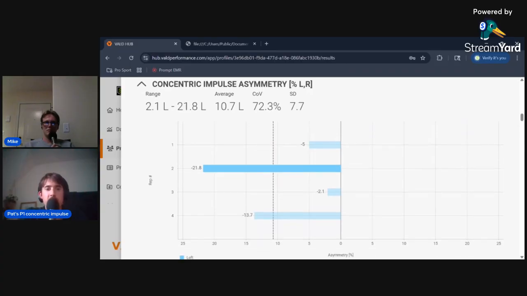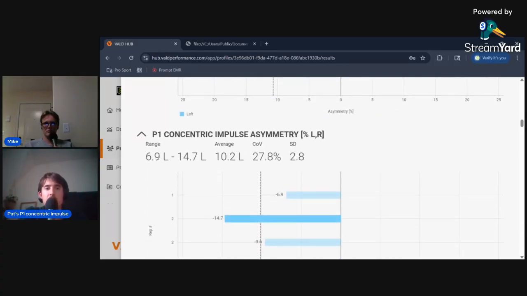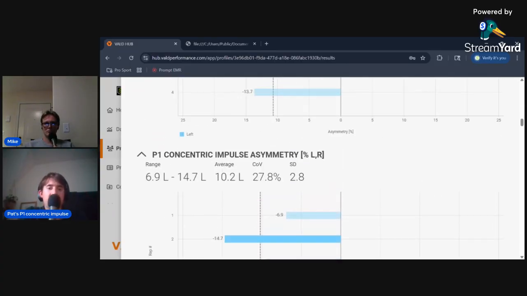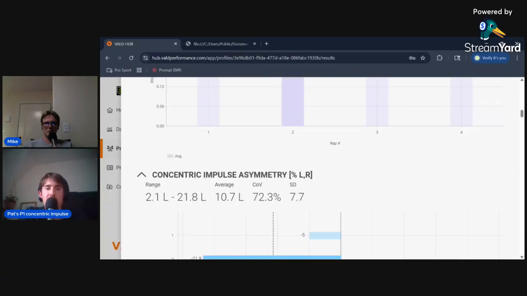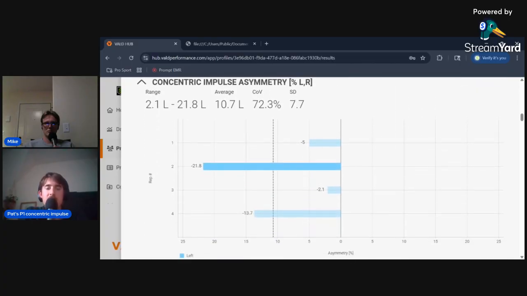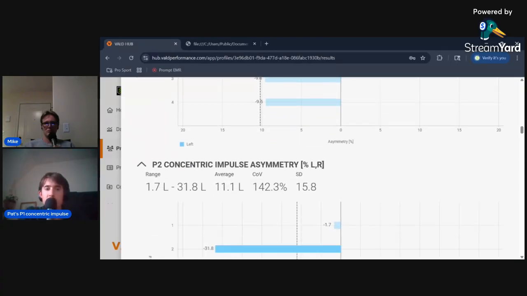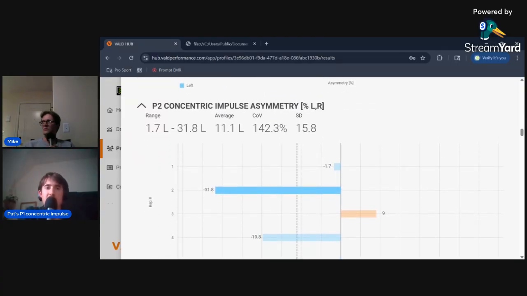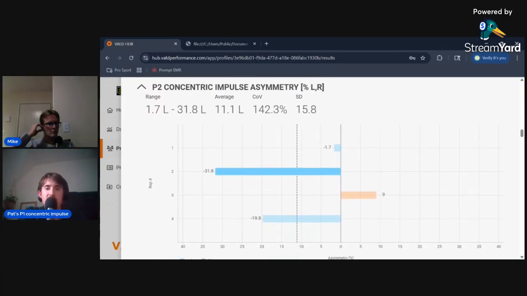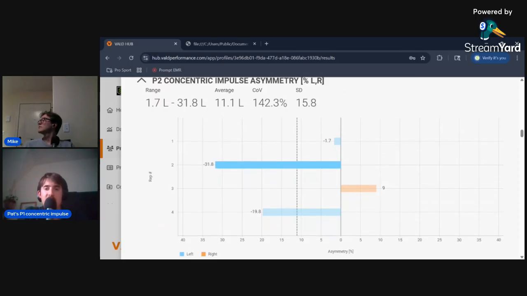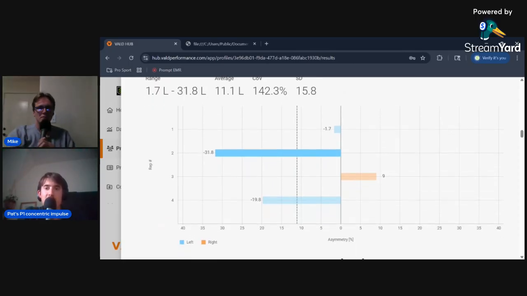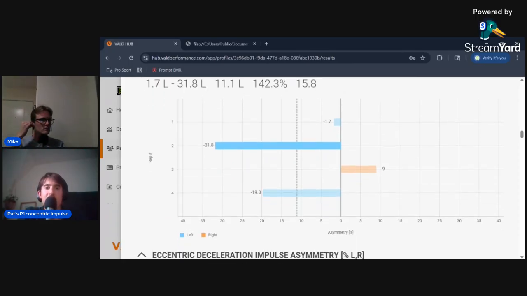Concentric impulse, not too worried about it. P1 concentric: for anyone who's watching, everything is biasing the left side. It's always blue. The only one that doesn't have blue is the P2 concentric, which is the second half of your concentric phase, going from about 50% of the movement until takeoff.